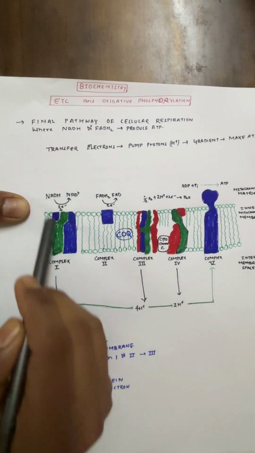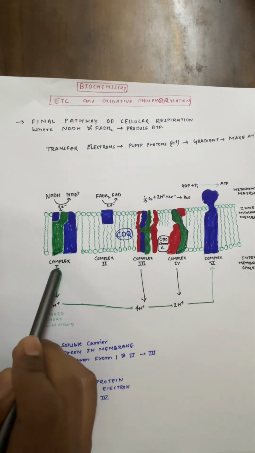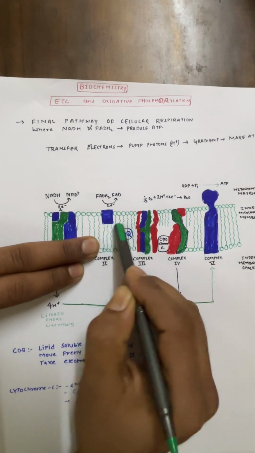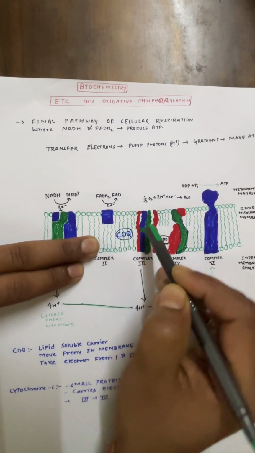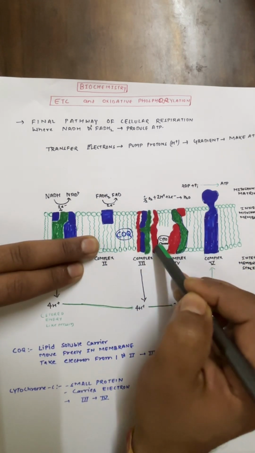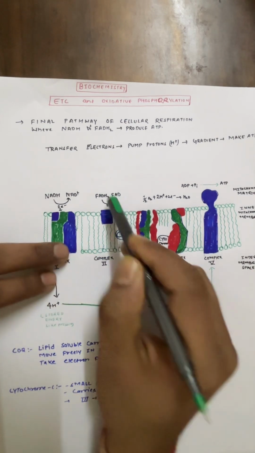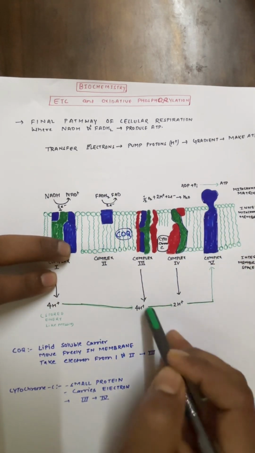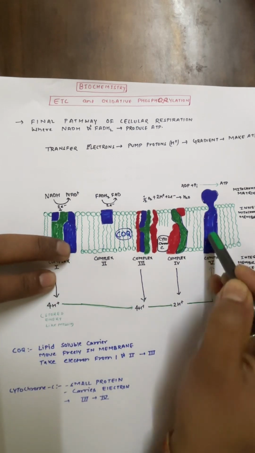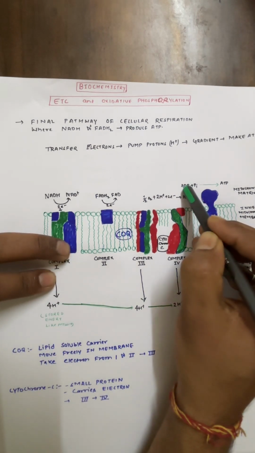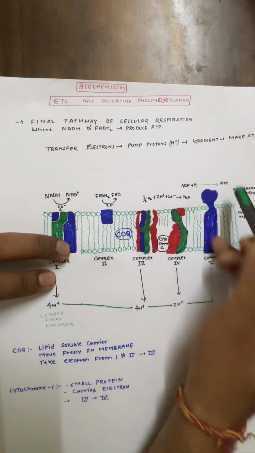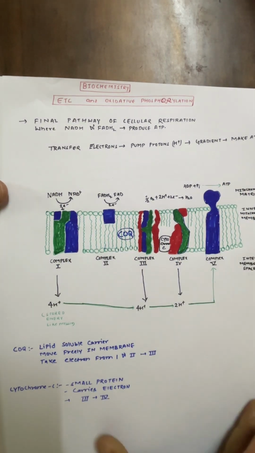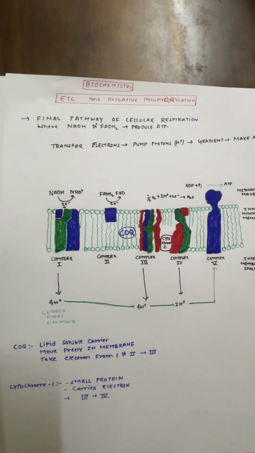NADH enters through complex 1, FADH2 enters through complex 2, then they transfer electrons to coenzyme Q, then to complex 3, then cytochrome C, then complex 4. Then the protons enter complex 5, and finally they make ATP. All this occurs in the inner mitochondrial membrane.